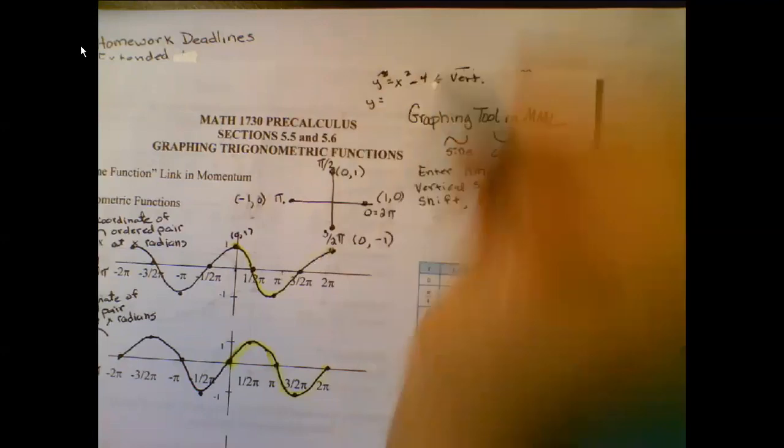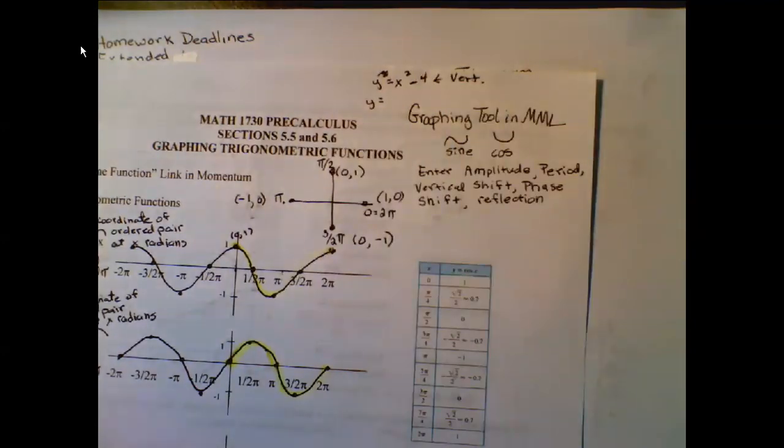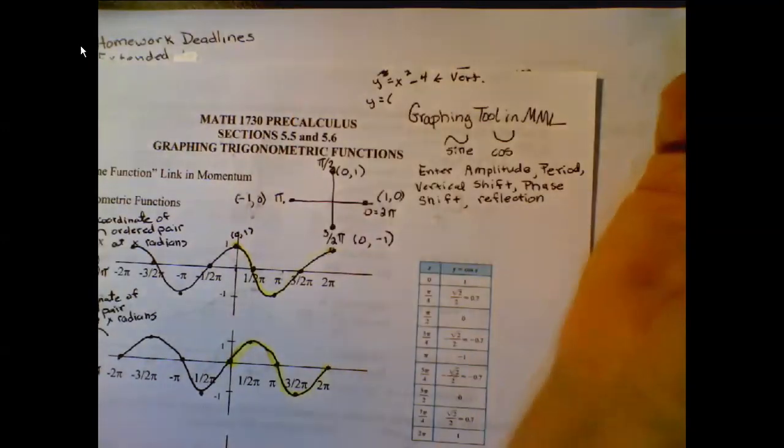Now, if you wanted to move your parabola, let's say, to the right 4, let's start with plain old x squared and tell me what equation would be the same graph but shifted to the right 4. Would it be like y equals, in parentheses, x minus, did you say 5? 4.